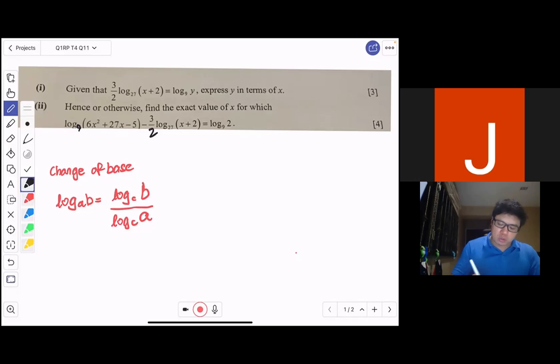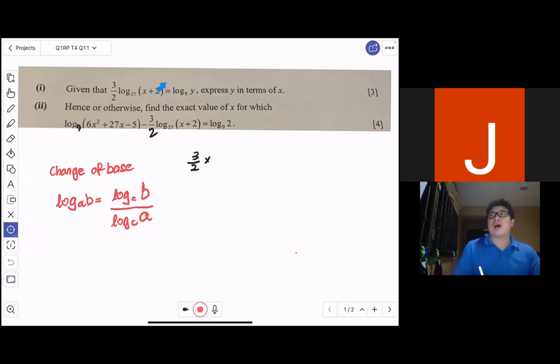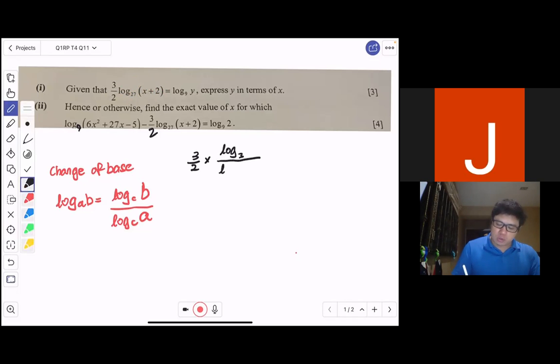Based on this question, 3 over 2 log 27, we can change it. Remember that this is 3 over 2 multiplied by log 27. This 3 over 2 is multiplied to a function, it's not a multiple, so you cannot cancel like that. So I change it to log base 3, and the top is x plus 2, the denominator will be 27.